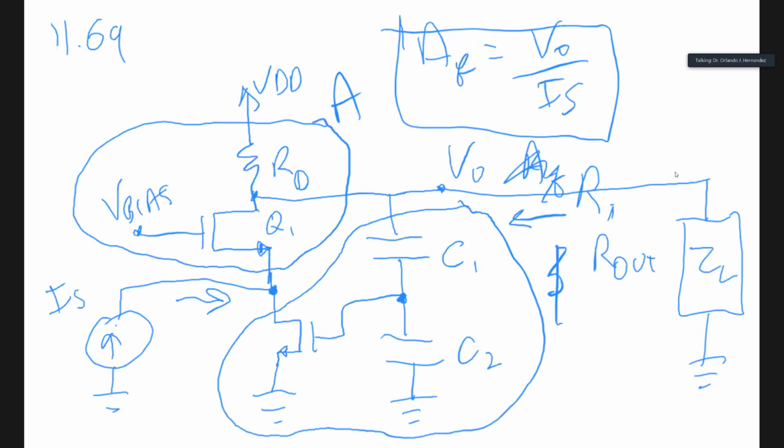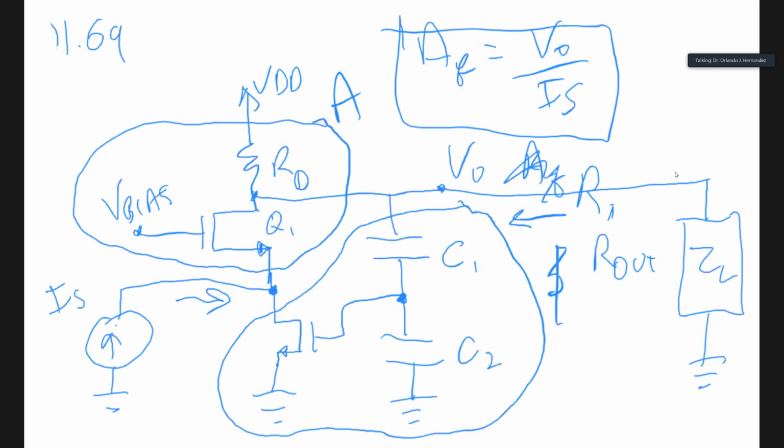And we can neglect the output resistance of the transistors. So in that case, the transistors are going to be modeled as just purely voltage dependent current sources with a GM.